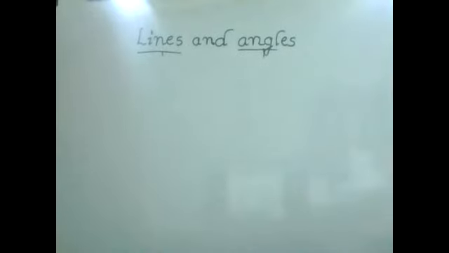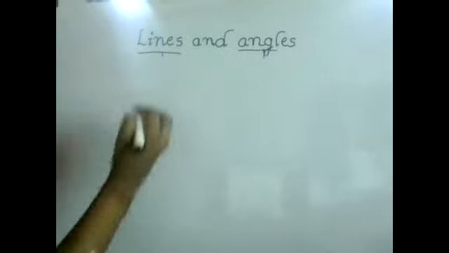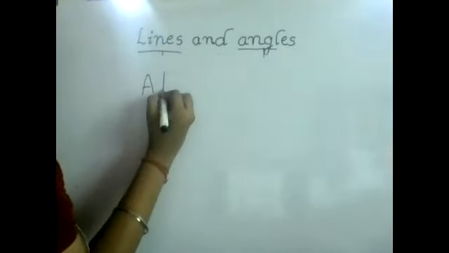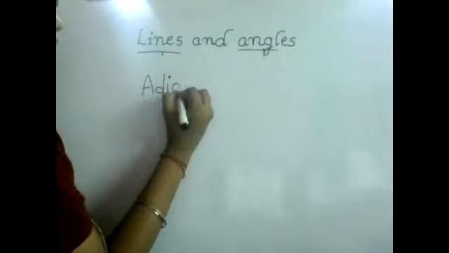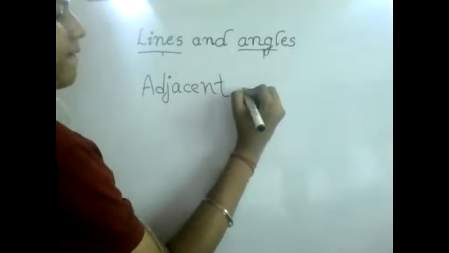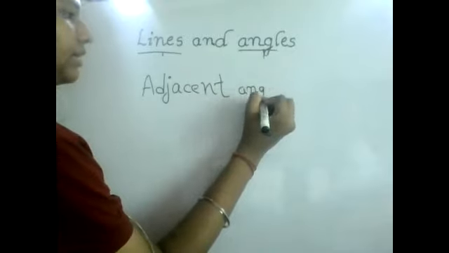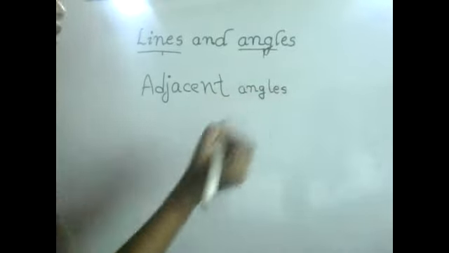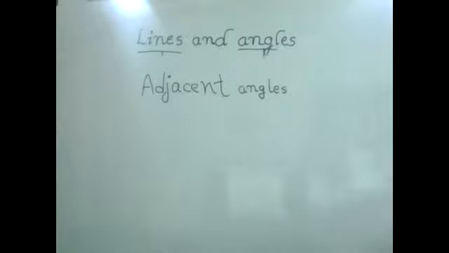What are adjacent angles? Adjacent angles are angles which are adjacent to each other, as the name itself says. But we can't say all angles are adjacent.